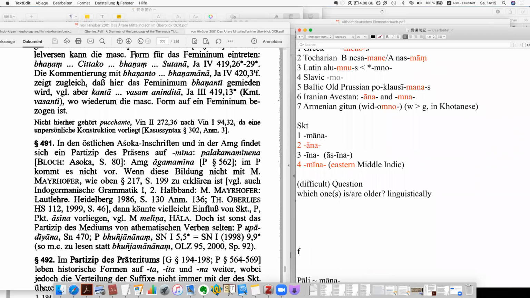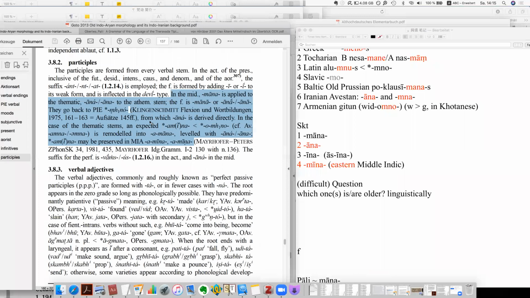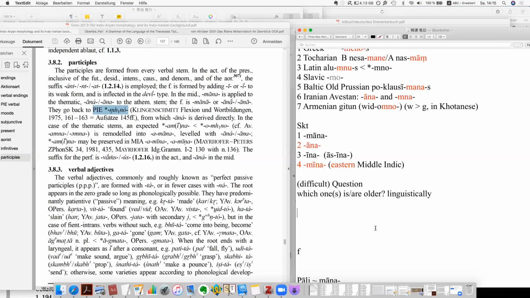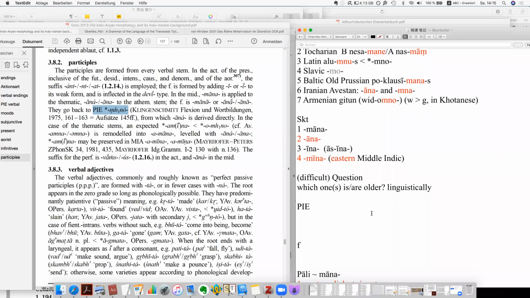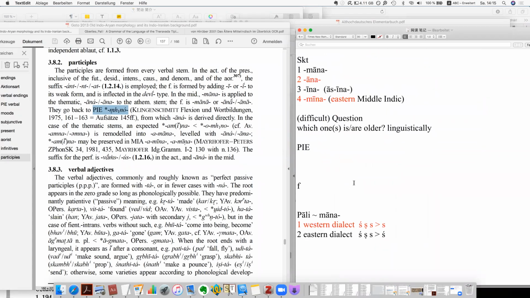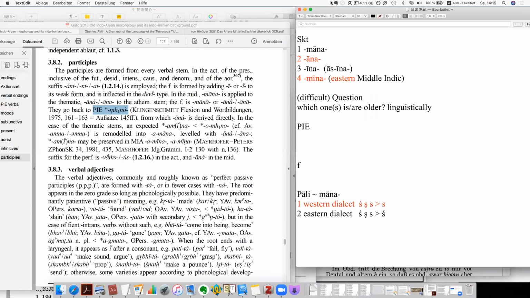For this part, we can again use a section in Goto, right? In Goto, he tells us that the Proto-Indo-European form looks like this one. So let's start from the Proto-Indo-European form.